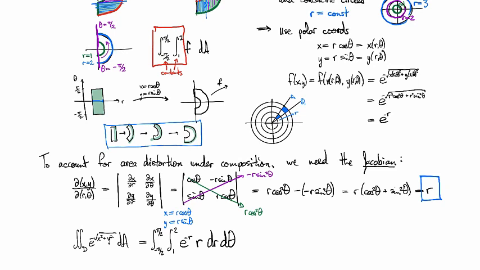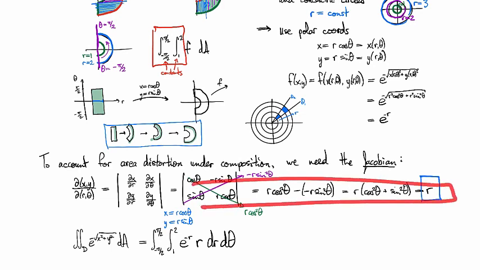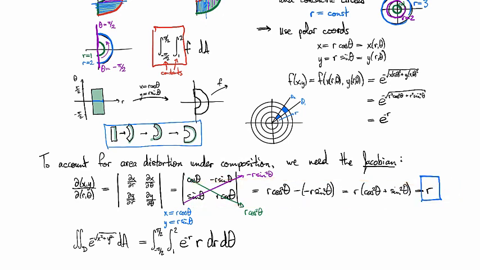The key takeaway from all this, aside from how to set things up as a composition, is that we do not need to repeat this computation every single time. We've done it once, now we have it forever. What we know is our area element, which previously we were writing as dx dy, or as dy dx, in polar coordinates looks like r dr d theta.